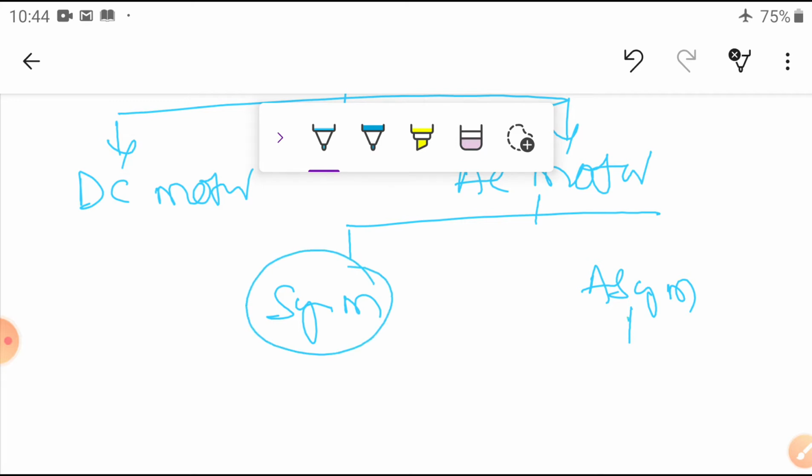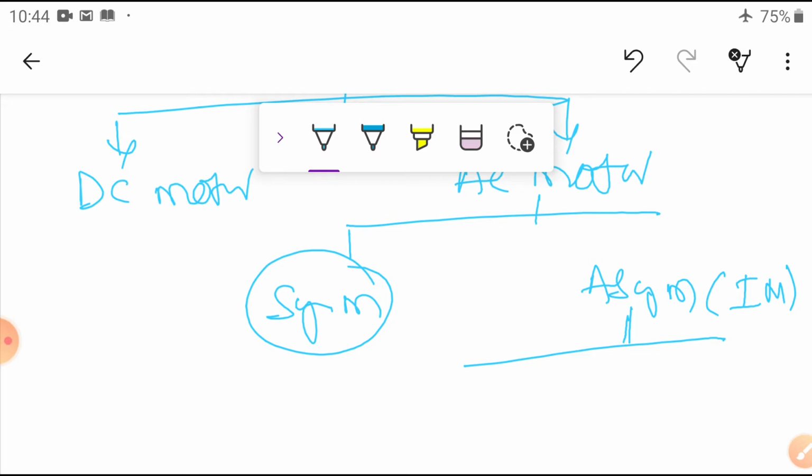Now, asynchronous motors are further classified based on whether it is single phase or 3-phase, and based on the rotor type. So we classify squirrel cage rotor and slip ring rotor machines. Mainly, the asynchronous motor is the induction motor.